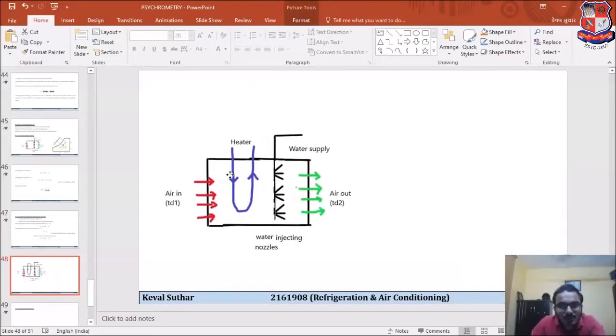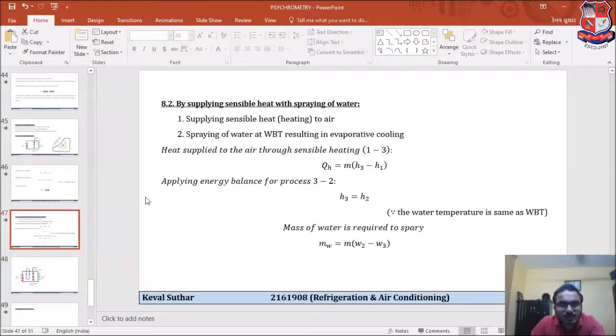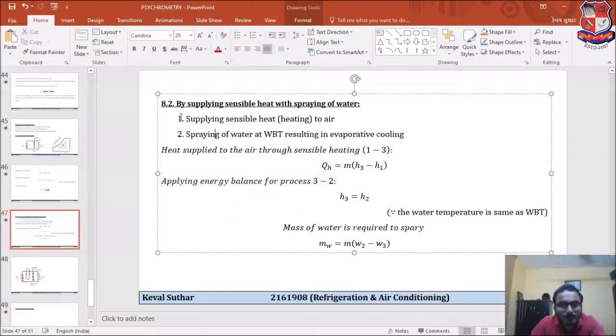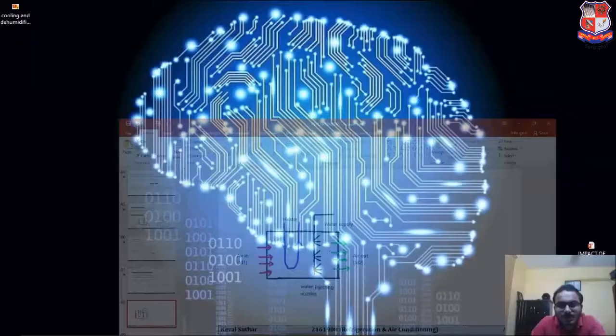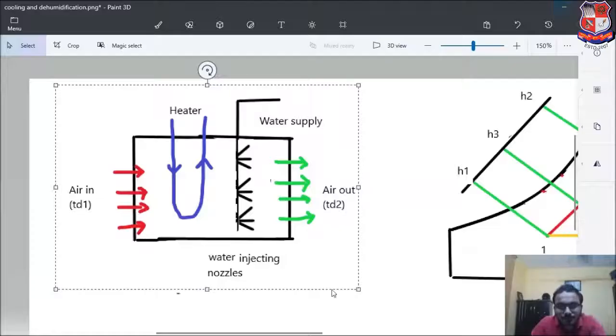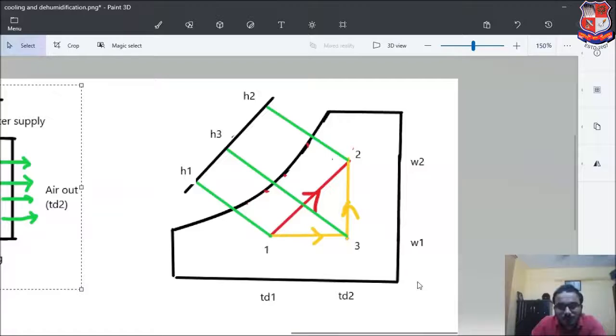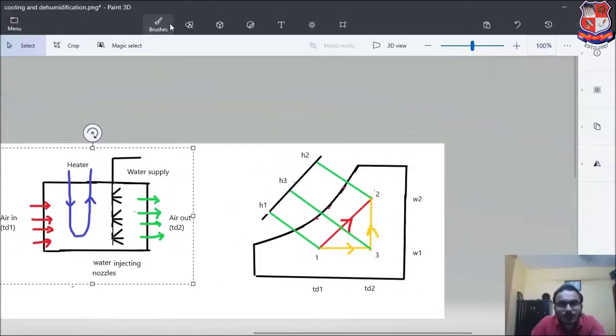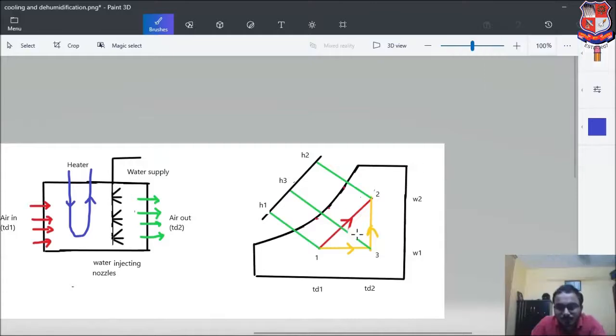So this will be the arrangement. And now we will also go through the psychrometric chart, the psychrometric process. So first we will erase this portion.